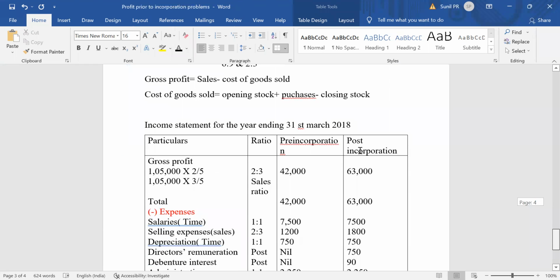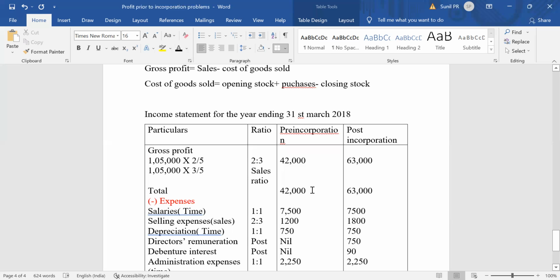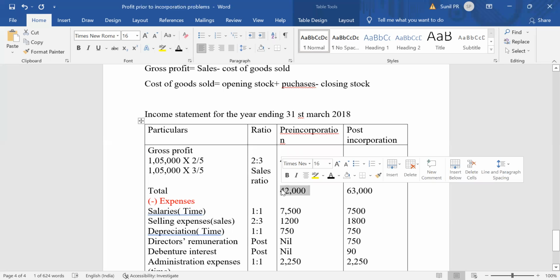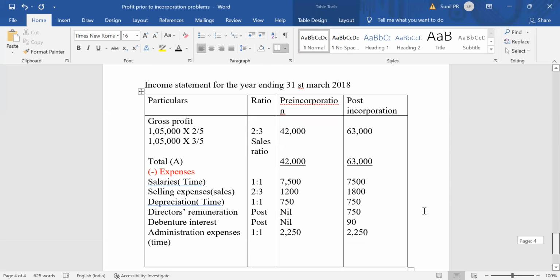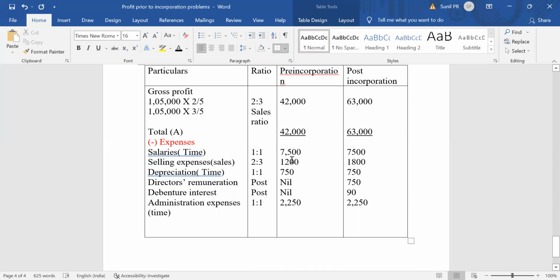Let's see. The gross profit side, call it A. Total of part A: pre-incorporation is 42,000, post-incorporation is 63,000. Now, expenses, call it B. All these expenses, you just do the total now.